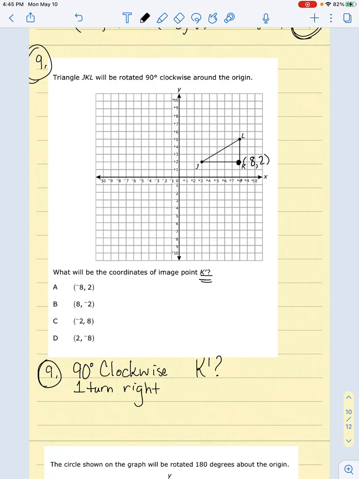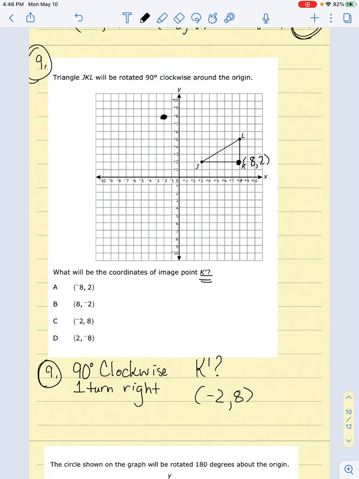8, 2. But here's the deal. If I want to rotate clockwise, or one turn to the right, you can't see it, but I actually physically turn this. And when I actually turn it one turn to the right, and I regraph 8, 2, my new coordinates end up being -2, 8.